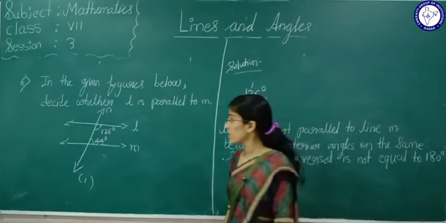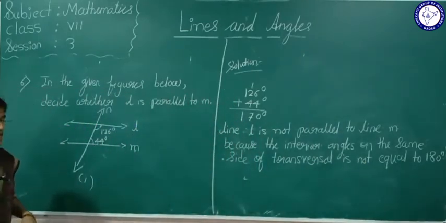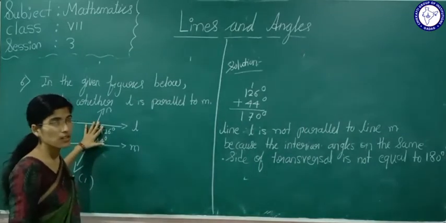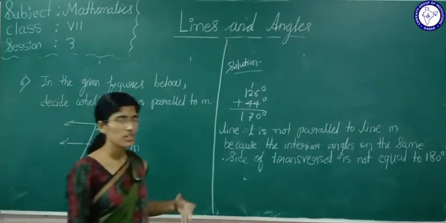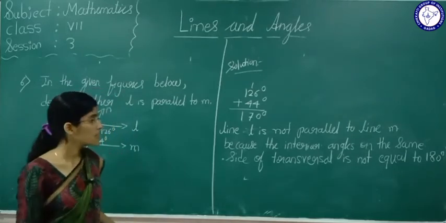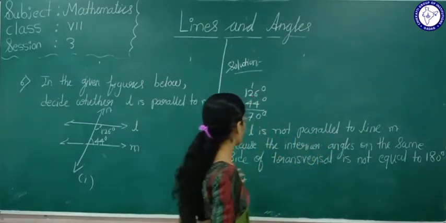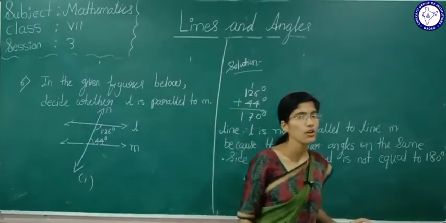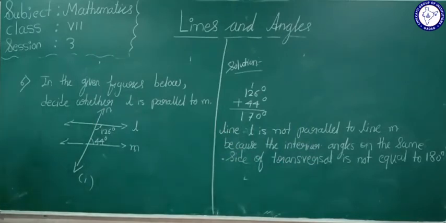See here, the sum of the interior angles is 170 degree, but we know that if the sum of interior angles on the same side of the transversal is 180 degree, definitely those two lines are parallel. We learnt this in checking for parallel lines, right? That's why the reason given is: line L is not parallel to line M because the interior angles on the same side of the transversal are not equal to 180 degree. So in a similar way we will see one more problem.